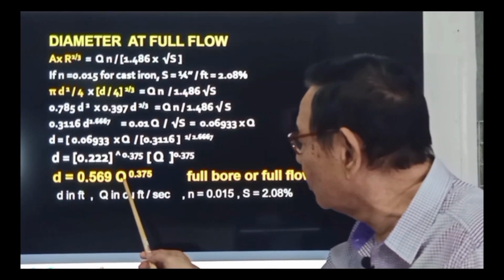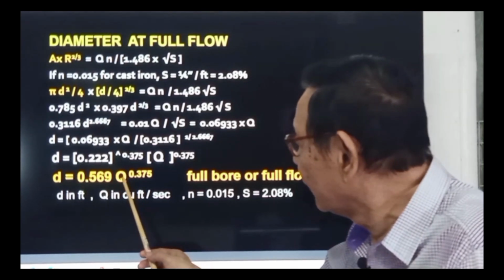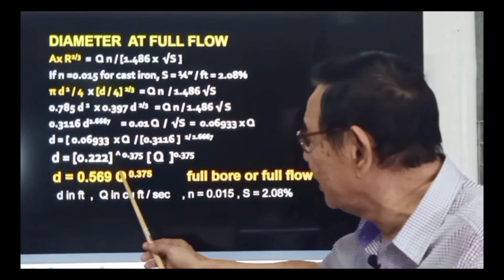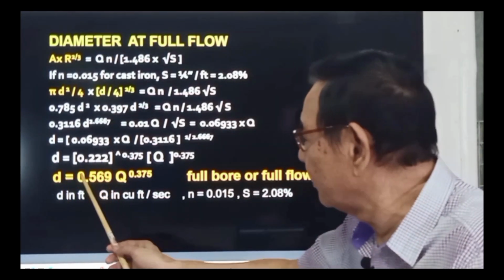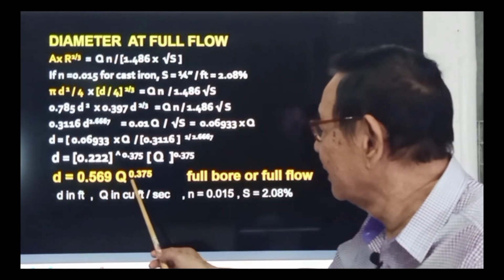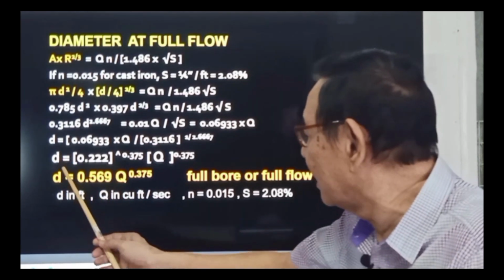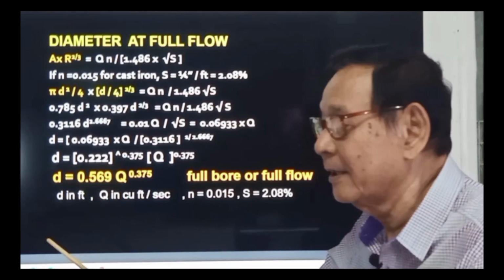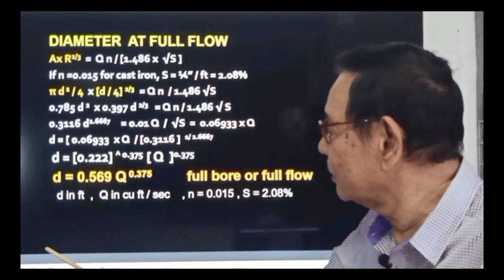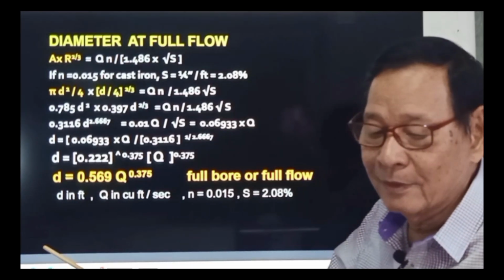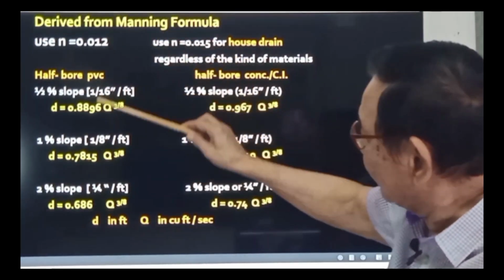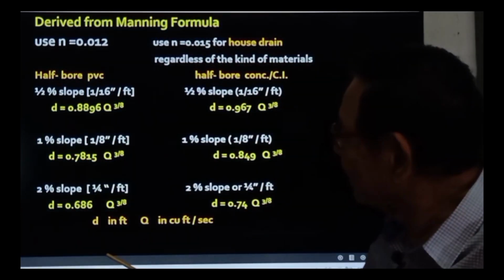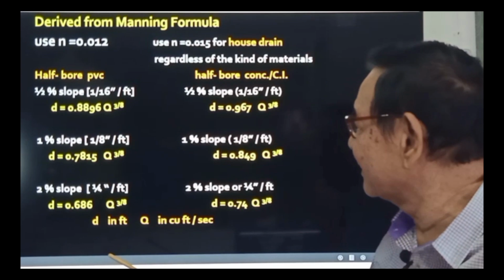If you want to compute for the Q, just use this equation: diameter divided by 0.15, then raised to the power 0.375. So that is your Q. These are now the derived equations that we will have in determining diameter.